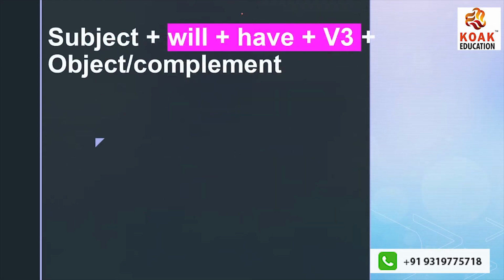So, the pattern of this tense is that with a subject and an object, which is obvious, as I have told you, you will use will, have, and the third form, which is common in every perfect tense. You have to use will have along with the third form of the verb. This is the exact verb form that you have to use to justify future perfect tense.